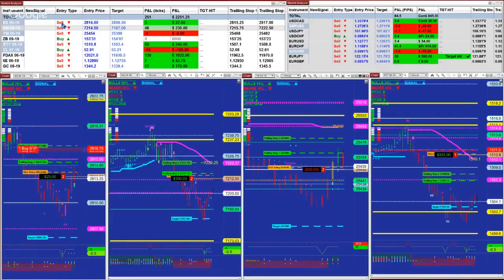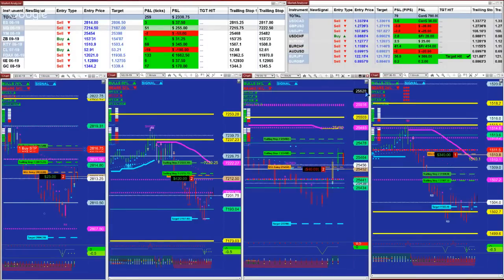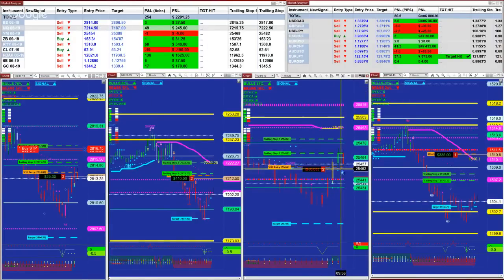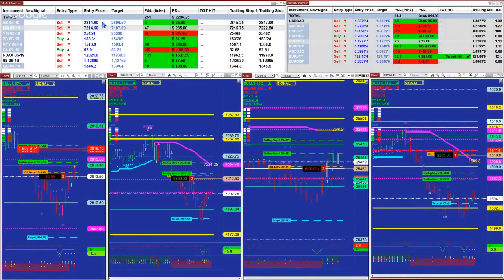Those are the entry prices. If you wanted to enter, you can take advantage of them on the pullback. Now the YM is coming to the 52. You can go back and re-enter those markets on the same number you see on the screen.